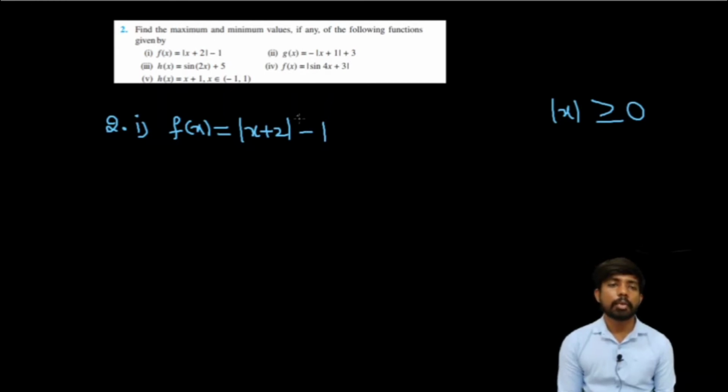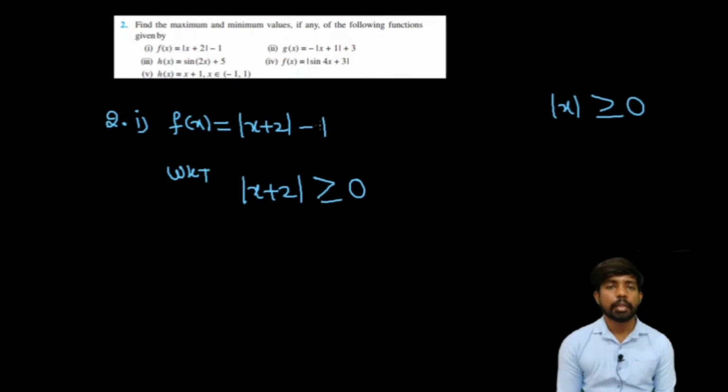Inside the modulus function, we know that the modulus function is always greater than or equal to 0, right? In the function we have minus 1, so subtract 1 on both sides.